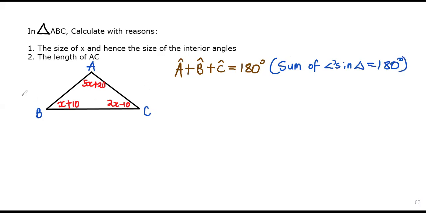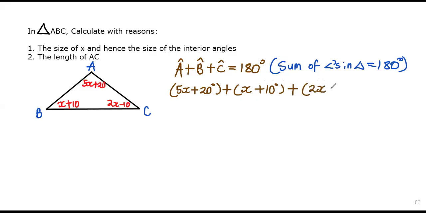And then after that, it's a matter of now you are substituting. As you can see, angle A is given as 5x plus 20. So it simply means you're going to say 5x plus 20 degrees plus the size of angle B, we are getting what? x plus 10. So you'll just say x plus 10 degrees plus the size of angle C, that is 2x minus 10.